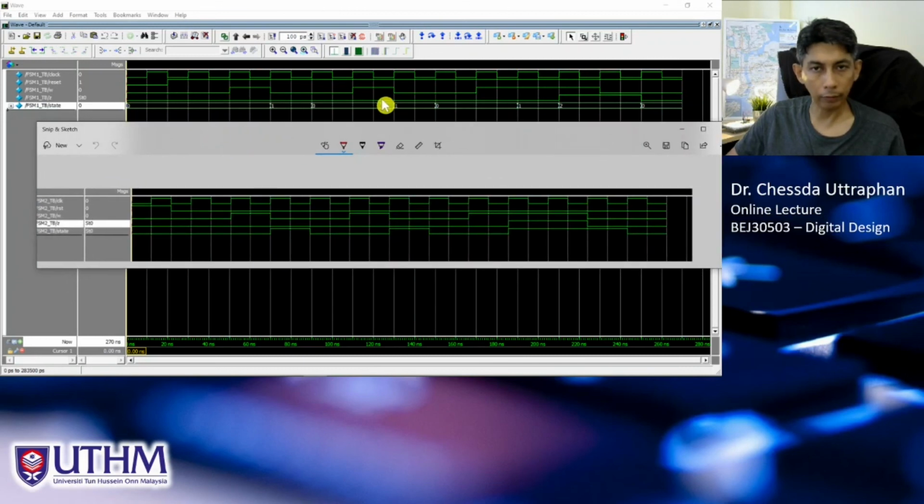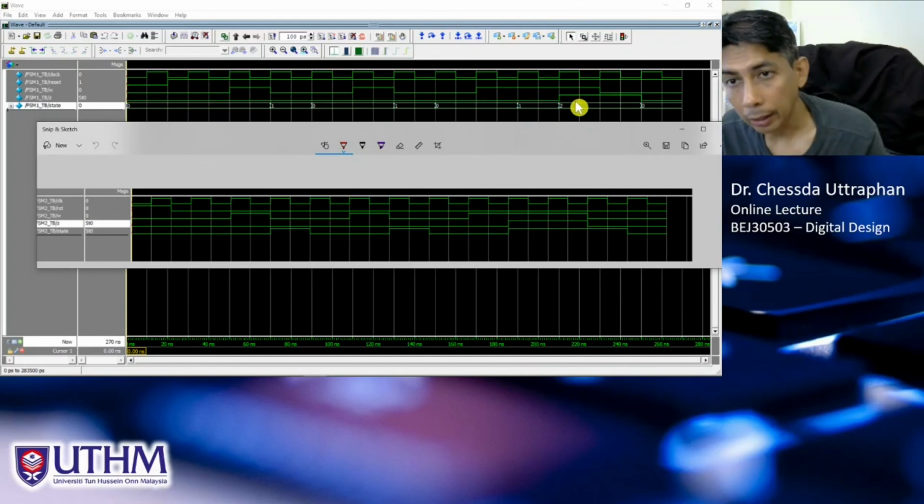We can see for the Moore, the output here, we have exactly the same input. The W equal to 1 here, W equal to 1 here, 1 here, and another one is here. But see, for the Moore type, the output here is delayed 1 cycle, right?